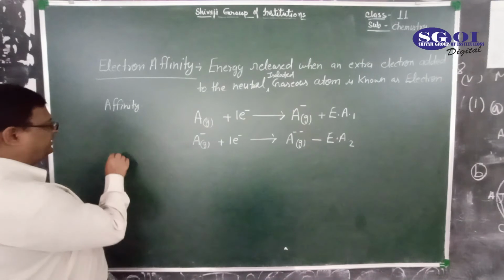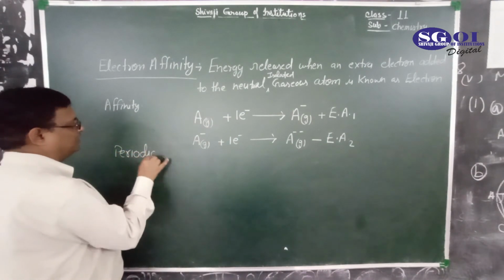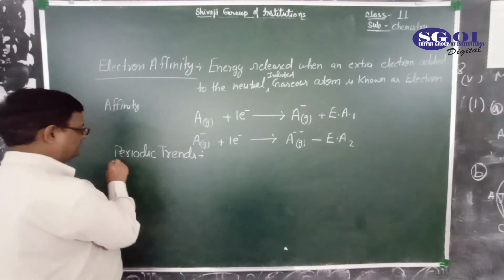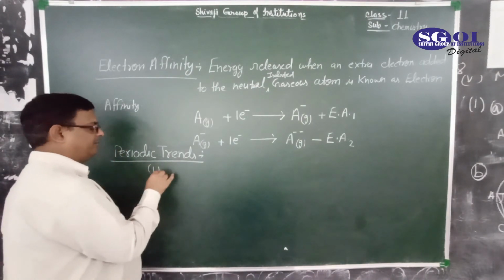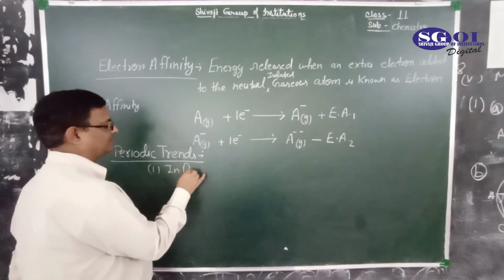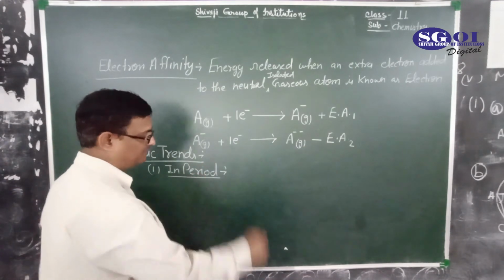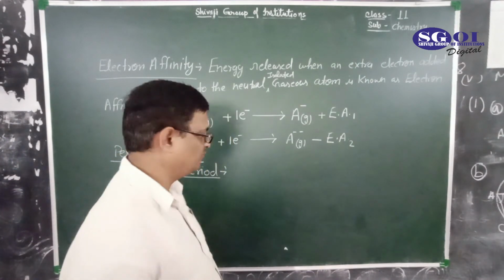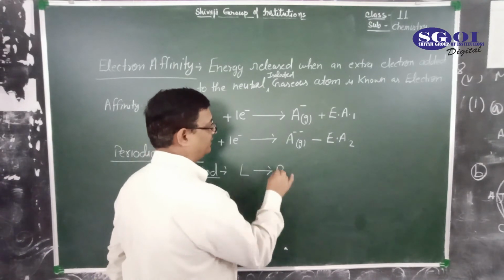Now come to its periodic trends. Number one, in a period. When we move along a period from left to right, electron affinity increases. Why does electron affinity increase from left to right?